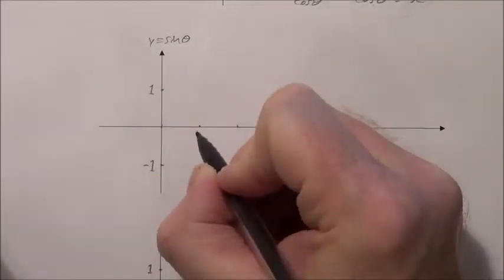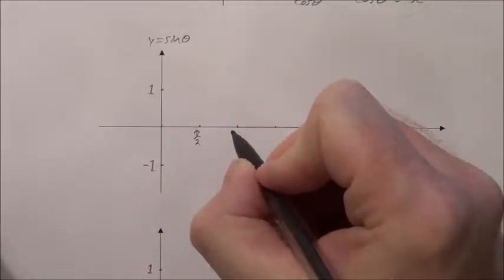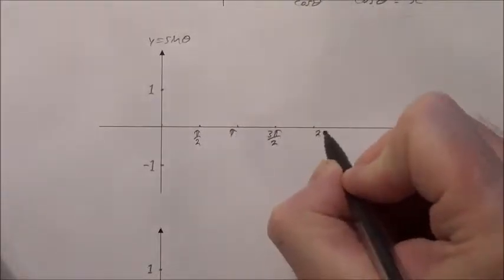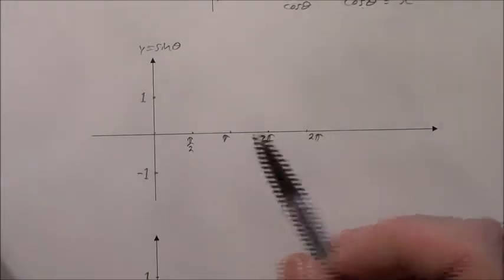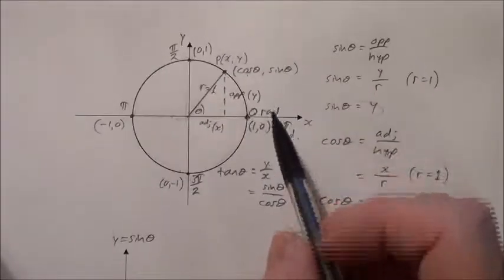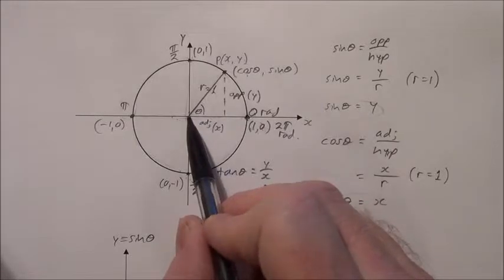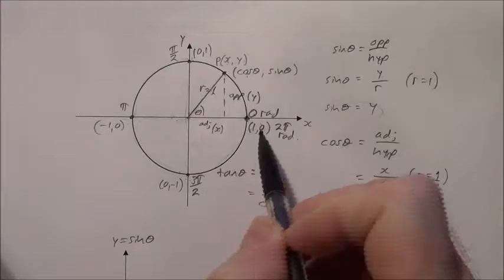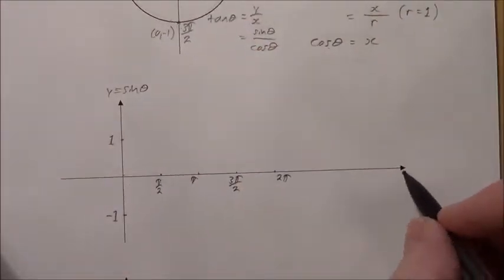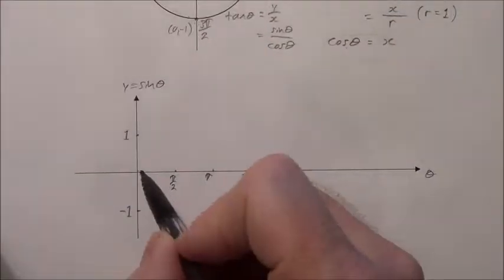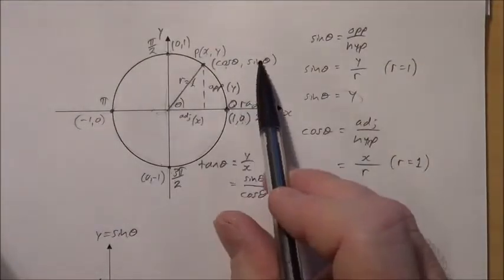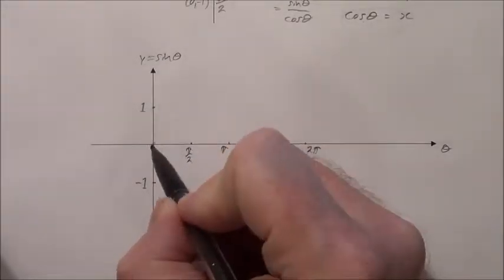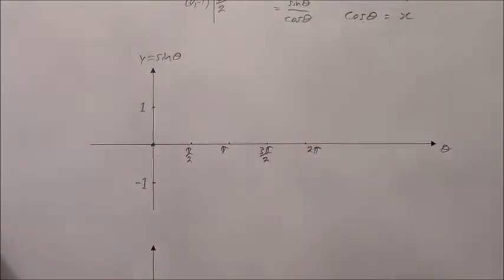Here's 0, here's pi by 2 radians, here's pi radians, here's 3 pi by 2 radians, and here's 2 pi radians. So when the angle of rotation theta is 0, then sine theta equals 0. And this is the theta axis. So at 0 radians, sine theta equals 0 on this sine graph.